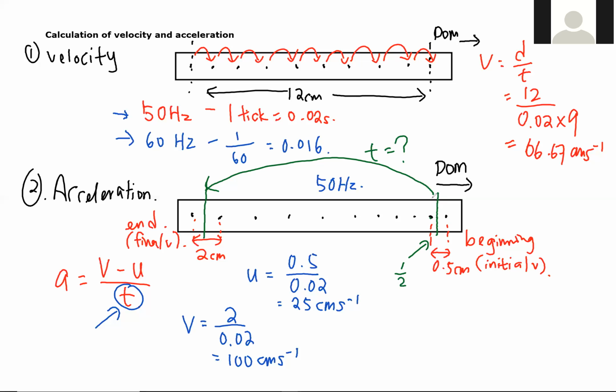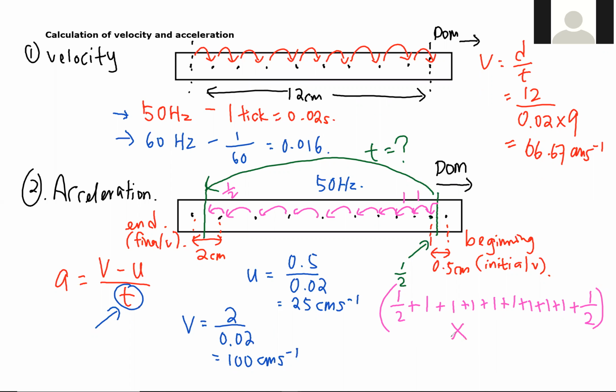Okay, I draw it out. 这里到 first 是 half，这里到这边是1个、2个、3、4、5、6、7、8，然后这里到这里也是一半。Okay, so what you want to do is half plus 8，然后你再加最后的一半。Okay, you plus all of it, and then you times the time for each, take 0.02.